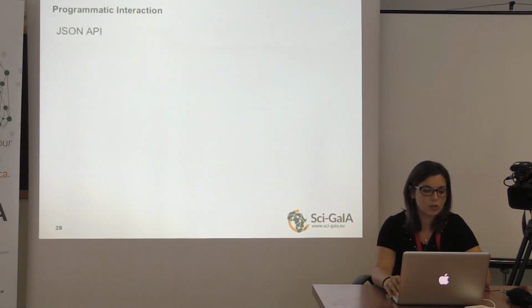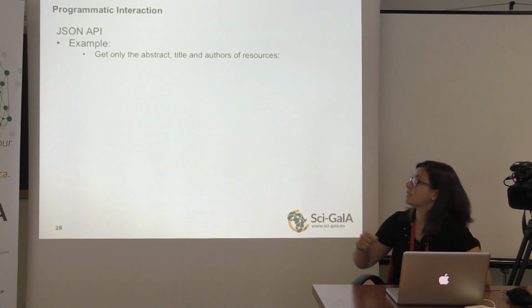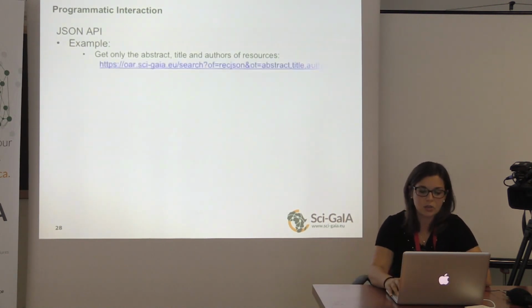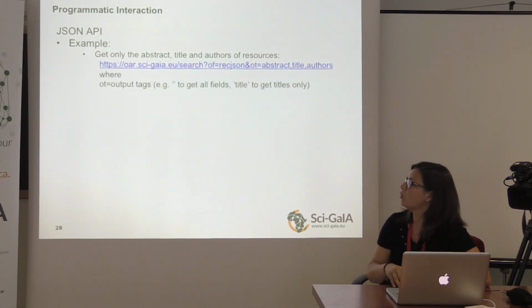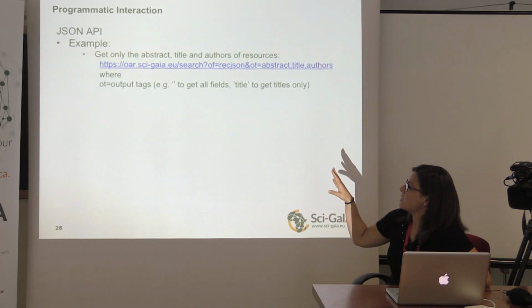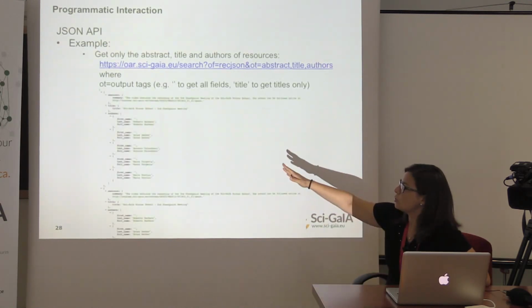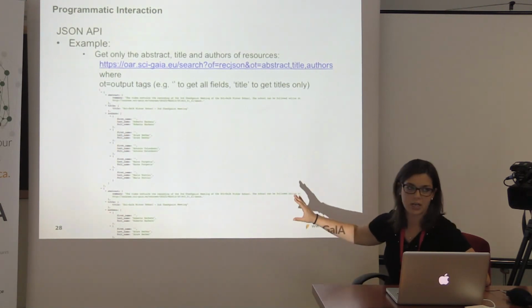For example, you can get only the abstract, the title, and the authors of a resource using a new param that is OT, that stands for output tags. In this case, the system shows you only the abstract, the title, and the authors of each resource.